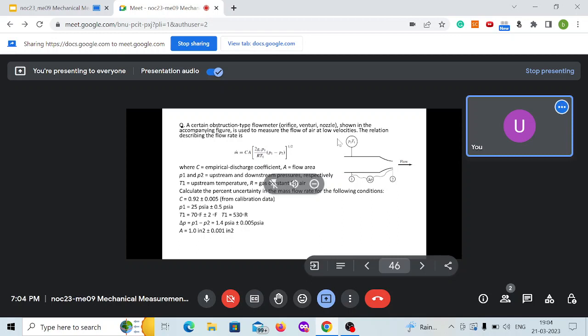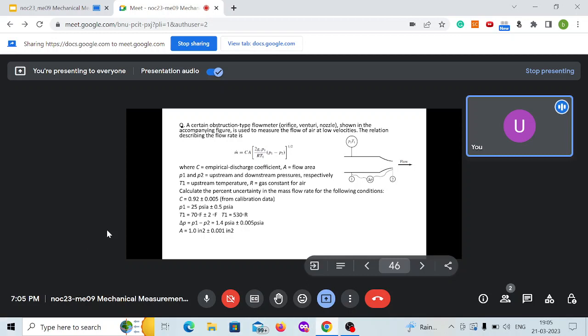So the mass flow relation is given, and the variables are mentioned. We are also asked to calculate the percentage uncertainty of the mass flow rate.